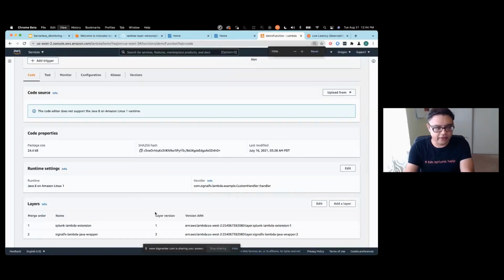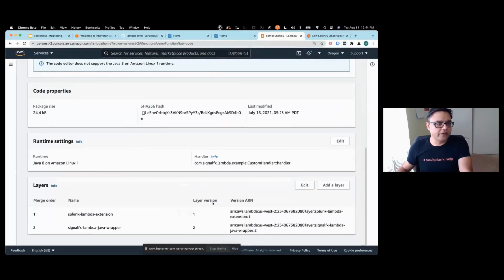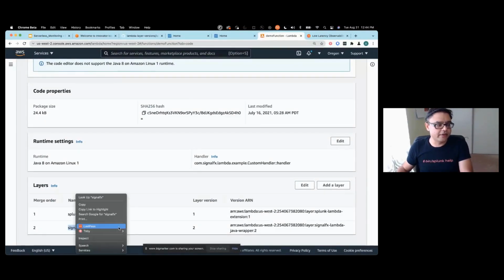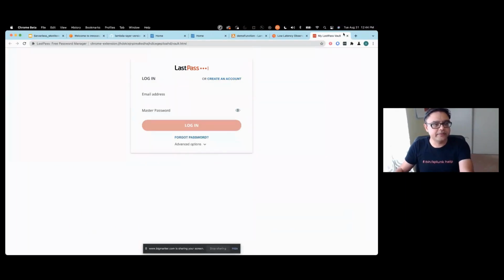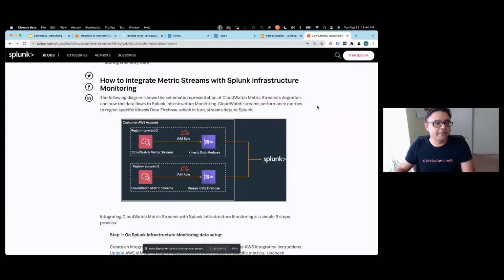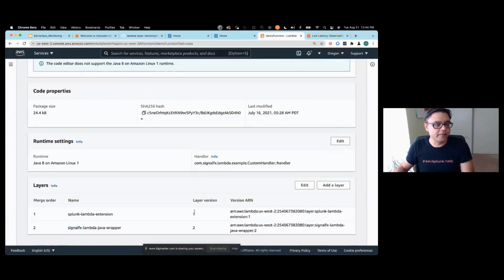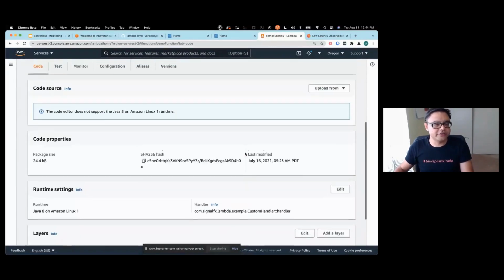Again, let me increase the size. The Lambda extension and the wrapper are available as Lambda layers, so you can use that in your functions.